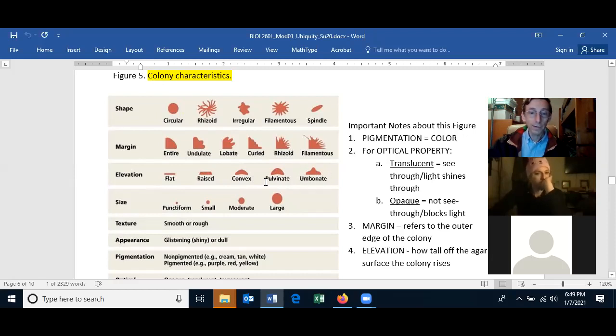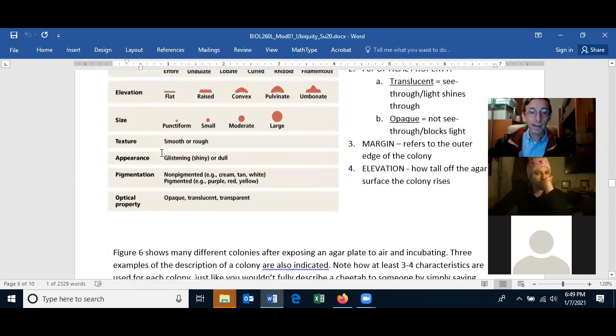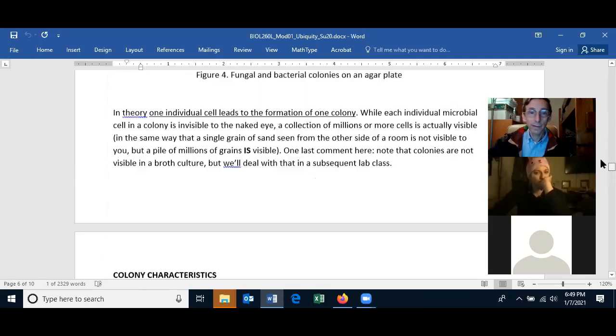I won't ask you to distinguish between convex and pulvinate. It's too difficult. And the same thing, I won't ask you to distinguish between rhizoid and filamentous, or lobate and curled. There's a size to the colony, a texture. The colony can be smooth or rough. And let's take a look here.